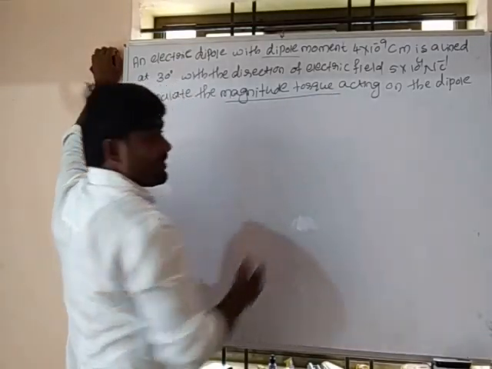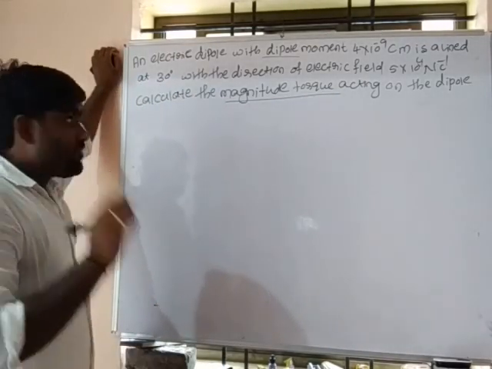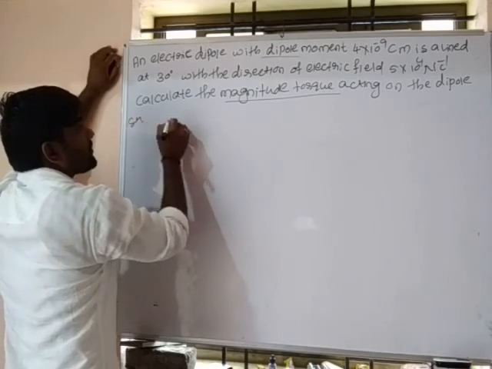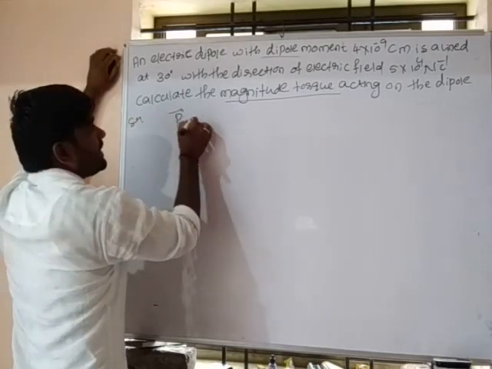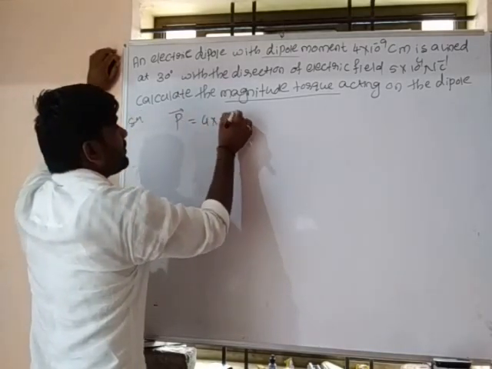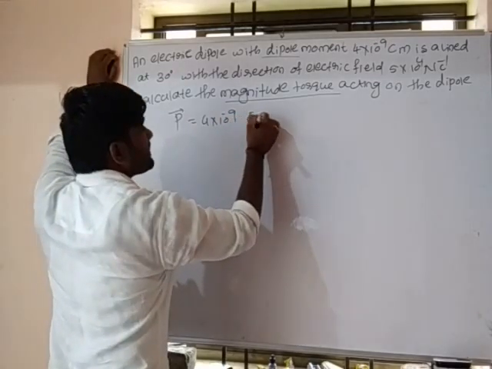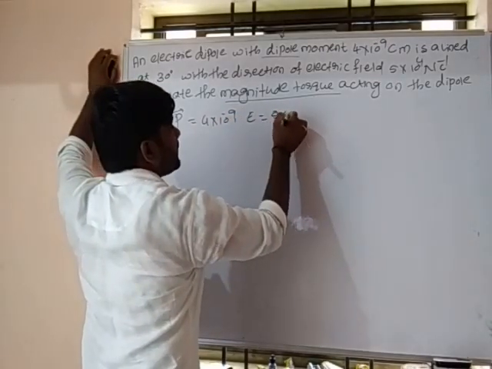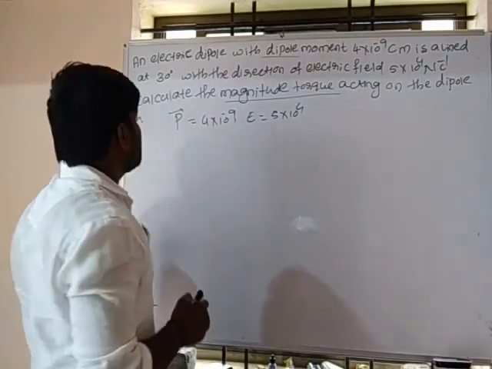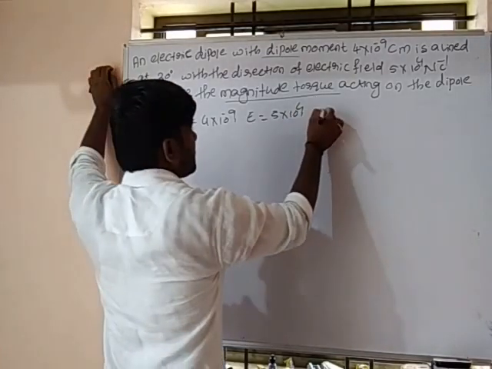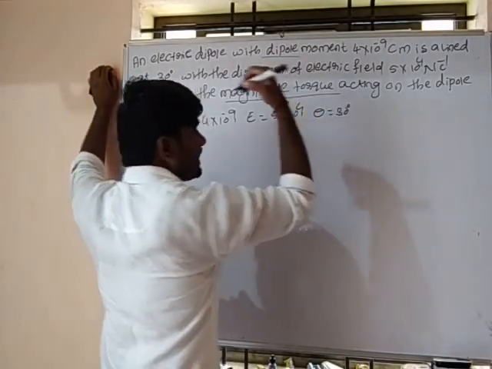Calculate the magnitude of torque. What is given here? Dipole moment P is 4 into 10 to the power minus 9, E is 5 into 10 to the power 4, and theta is equal to 30 degrees.